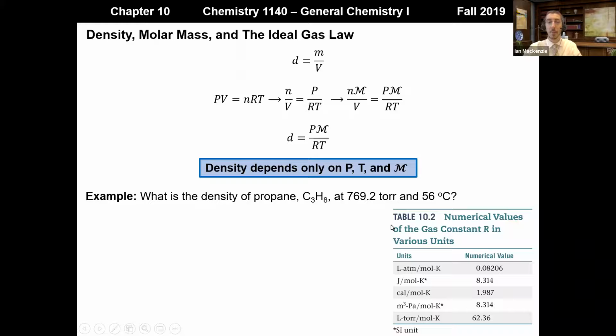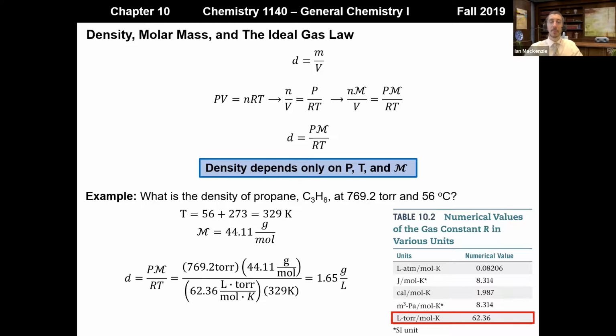First, I have to decide which gas constant to use, and here my pressure unit is in torr, so I'm going to use the value for R that has torr in it. I will need to convert my temperature to Kelvin, to absolute temperature, and then sum up the atomic weights: 3 times 12.01 plus 8 times 1.01, and I come out with 44.11 grams per mole for my molar mass.